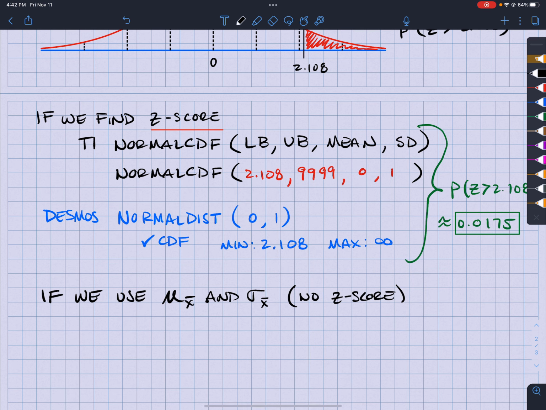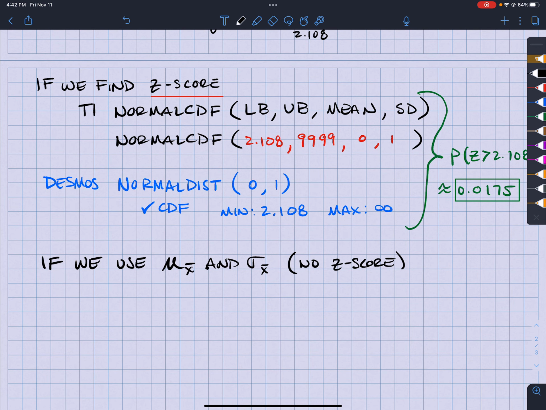In other words, letting our calculators do the work for us. On the TI, we would do the normal CDF, same thing, right? Lower bound, which would be in this case 110, comma, 9,999 for infinity, comma, our mean in this case is going to be our regular mean, which was 100.